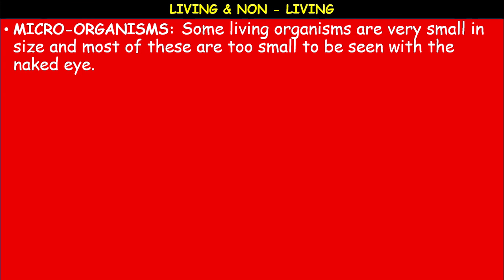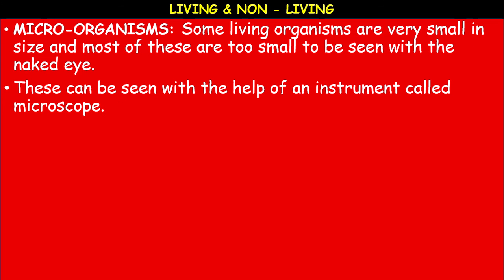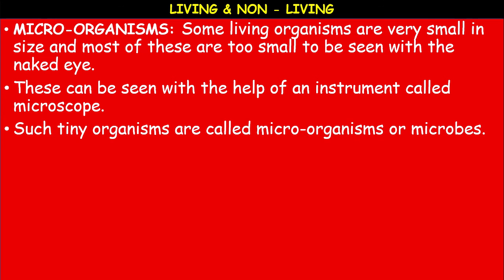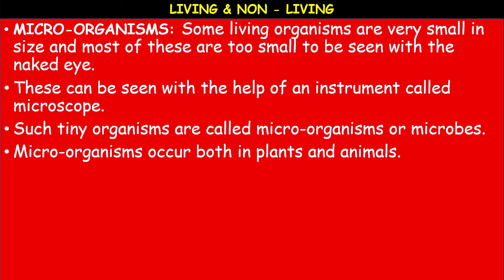Some living organisms are very small in size and most of these are too small to be seen with the naked eyes. These can be seen with the help of an instrument called a microscope. Such tiny organisms are called microorganisms or microbes. Microorganisms occur both in the plant group and the animal group.